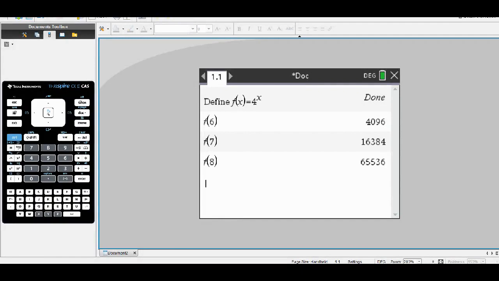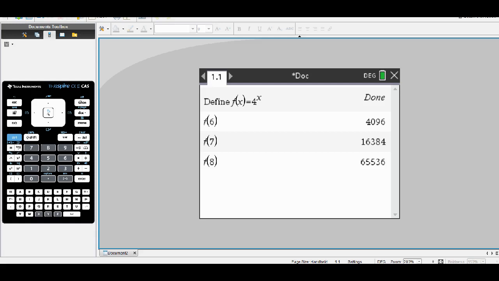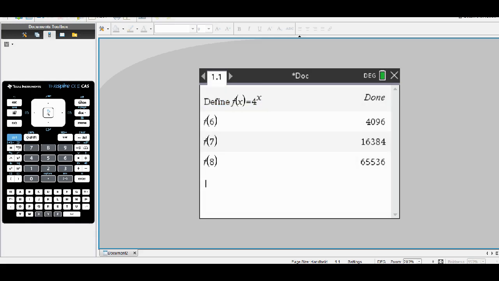That's our previous function. I'm going to compare this function, 0.9^x, to the previous function, 4^x, because they are quite different in terms of their behavior.